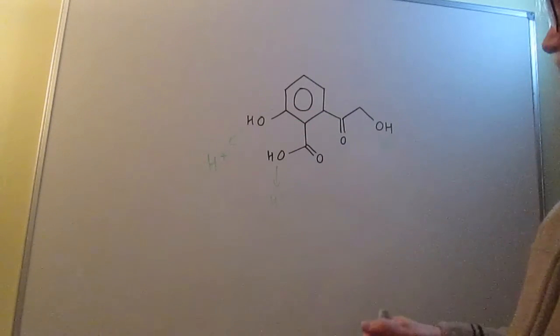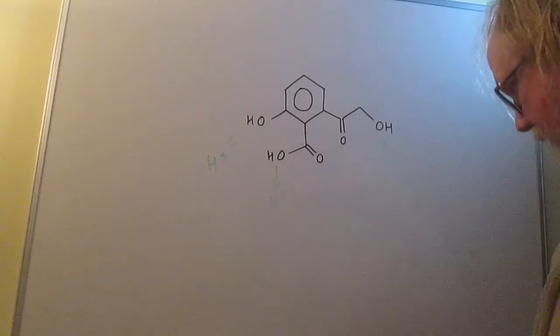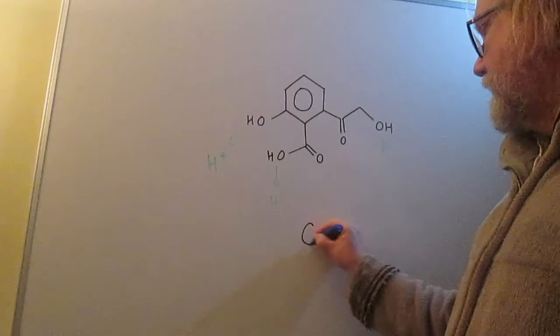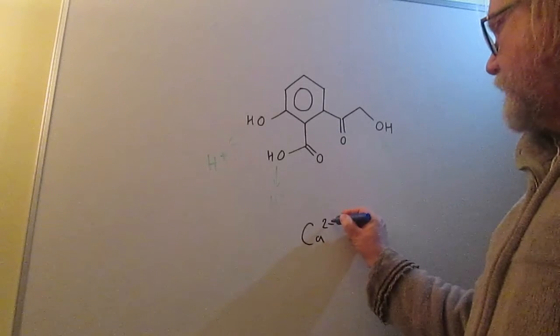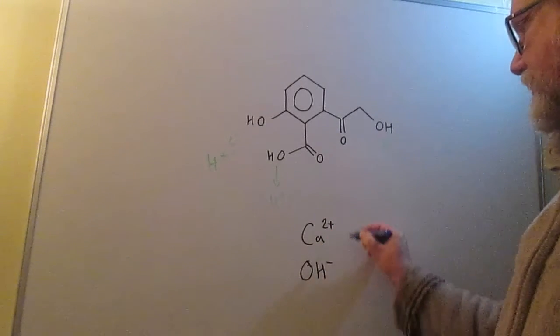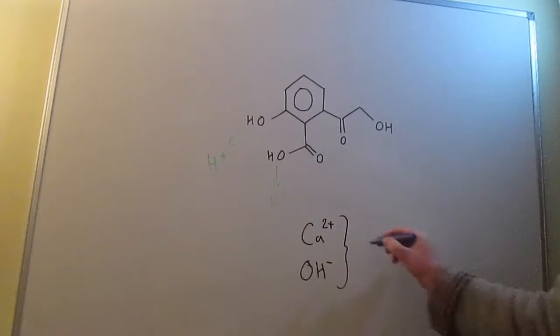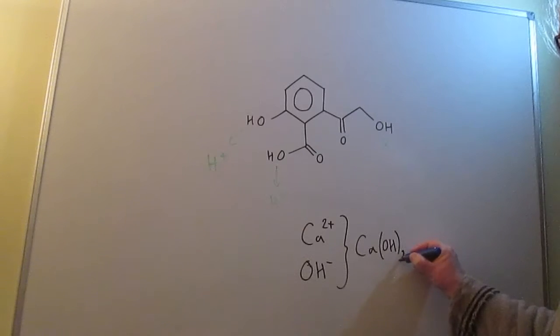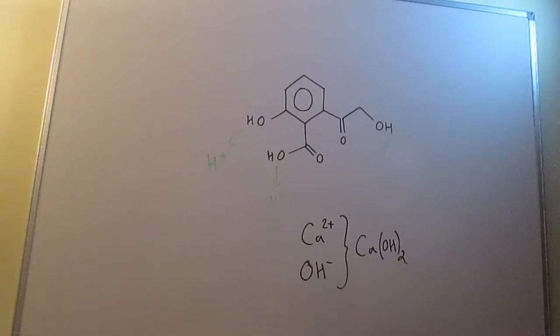from there. Now calcium hydroxide, again you've got to be very careful with the formula. Calcium is 2+ because it's in group 2, OH- you know is hydroxide, and so the formula of calcium hydroxide is not just CaOH, it's Ca(OH)2, which means that each mole of calcium hydroxide produces 2 moles of OH-.